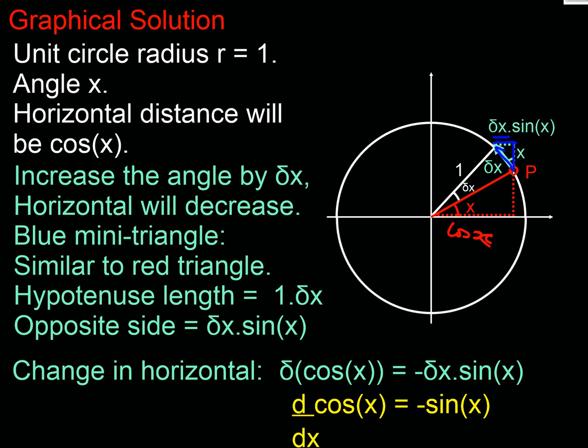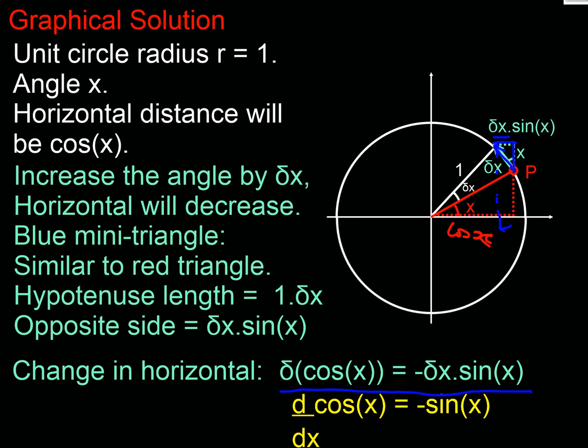So we can see that our point P has moved around to this new P dash point, and our cosine, which was cos of x, has got slightly shorter, hasn't it? And the distance it's got shorter is delta x times sine of x, yeah? So therefore we can see quite quickly that our change in cos of x is minus delta x sine x.